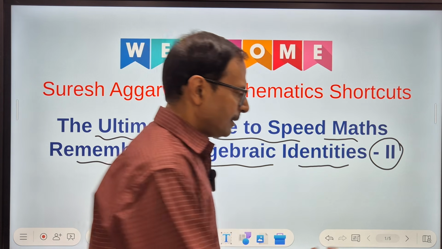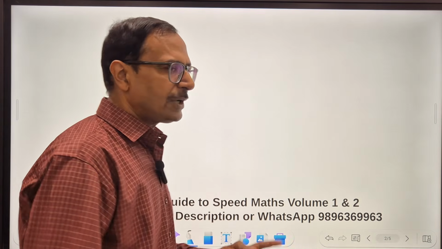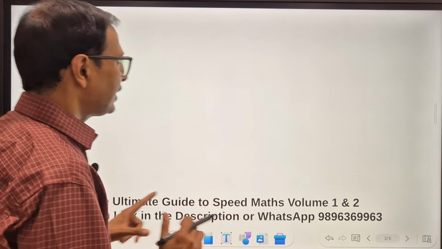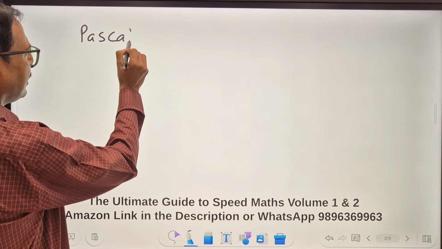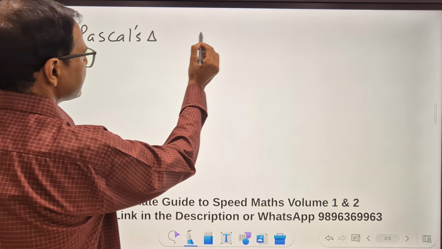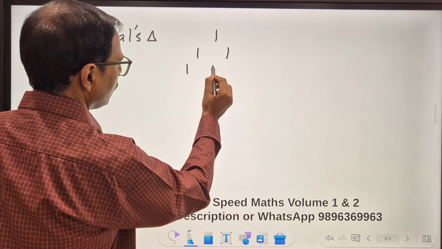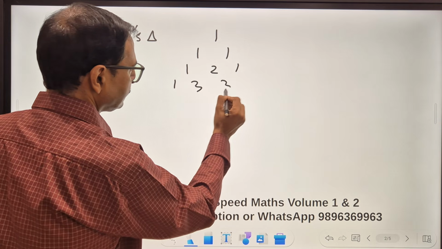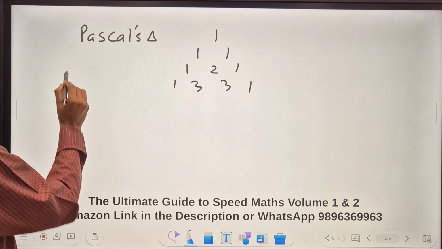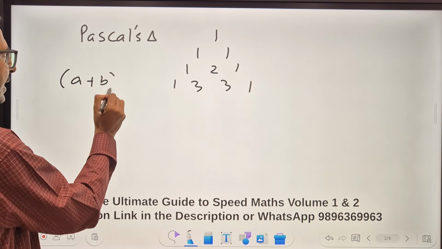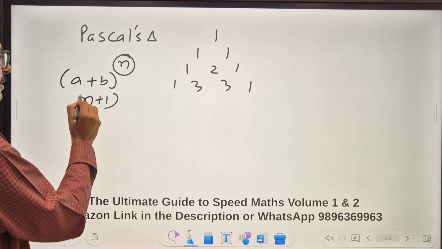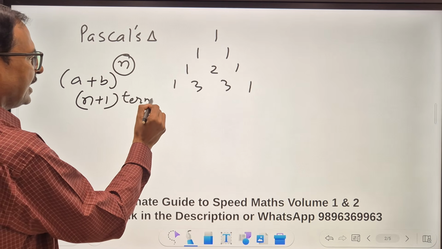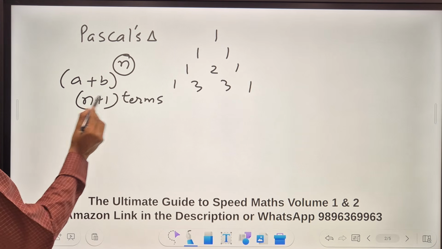First, the concept. When we talk about algebraic identities, I told you there are 3 concepts which are important. One is the Pascal's triangle that relates like 1, 1, 1, 1, 2, 1 and 1, 3, 3, 1. This is a small Pascal's triangle, and then (a plus b) power n. Power is n, so we have n plus 1 terms in the expansion. And finally, what happens in the expansion?